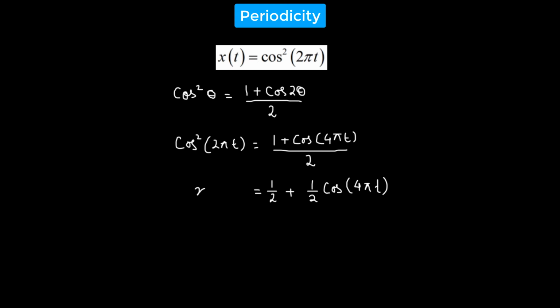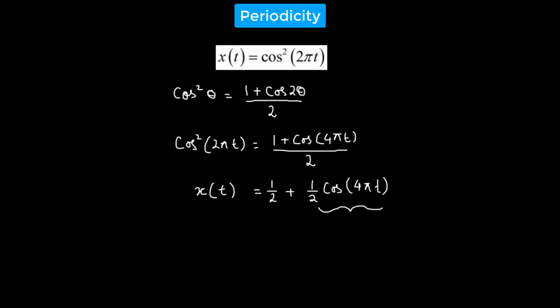So this is the reduced or simplified form of our continuous time signal x of t. Now we'll have to find out the period of this particular signal. We don't have to worry about the constant part, that is half. We only have to look at the trigonometric function here.